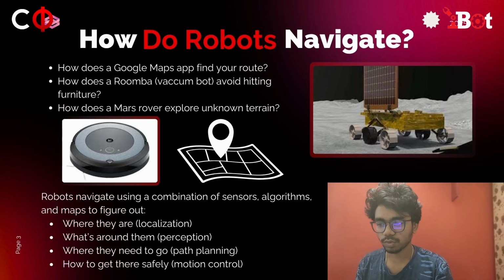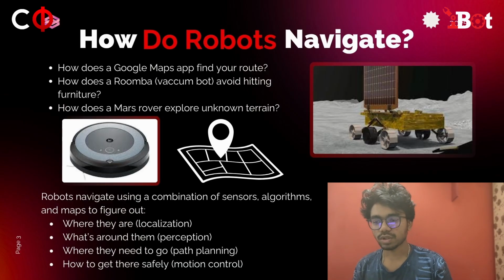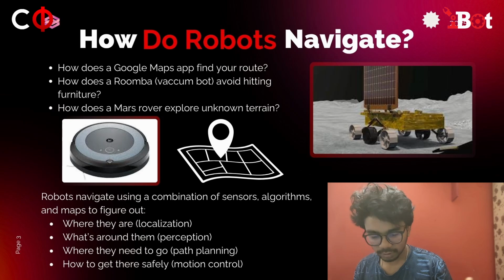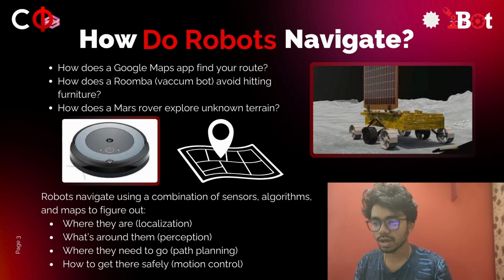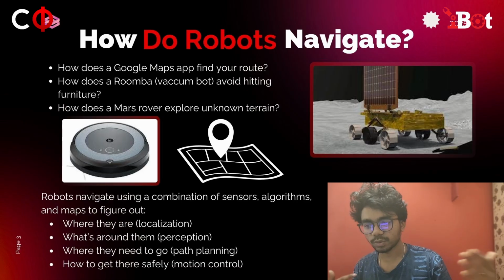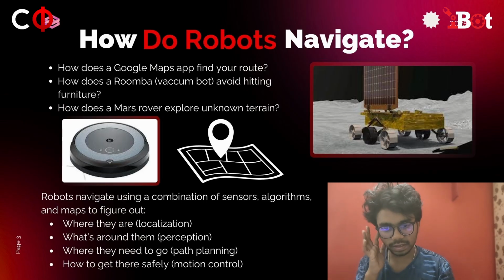We'll get into that in more depth in just a minute. And what's around them? Perception, what do they see? And the third question, where do they need to go, what is their aim, and how to get there safely? That is path planning. So let's get into what these are and what these are not.